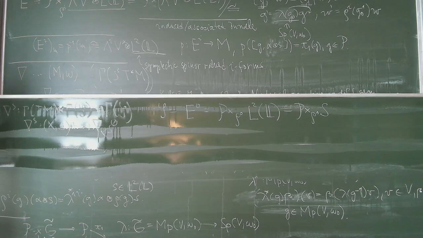So strictly speaking, one should take only smooth functions inside L2 and then associate these functions, whether the atlases are really smooth. But I don't speak about this analytical issue already.